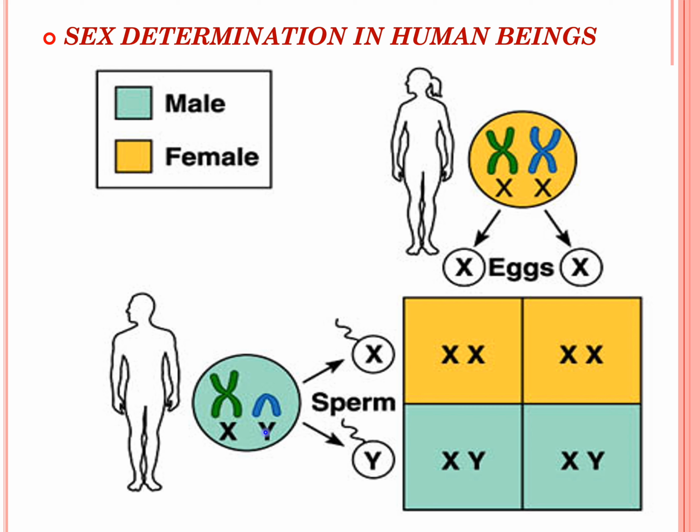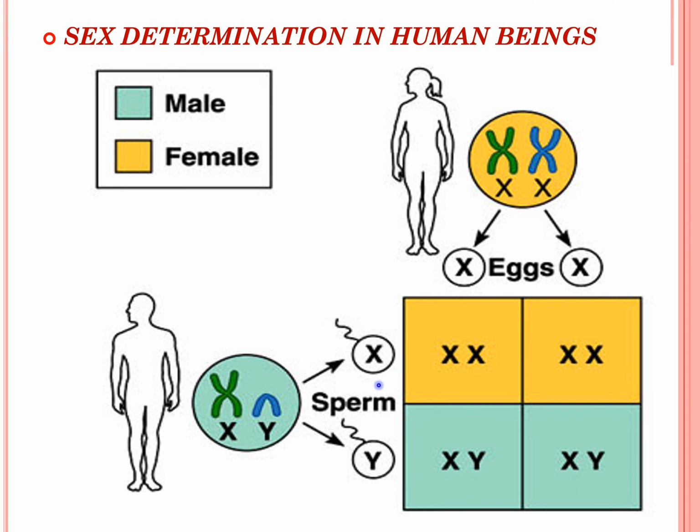At the time of gamete formation, adult male produces two types of sperms, half with X chromosomes and half sperms with Y chromosomes. And female at the time of puberty produces same kind of eggs with X chromosomes.